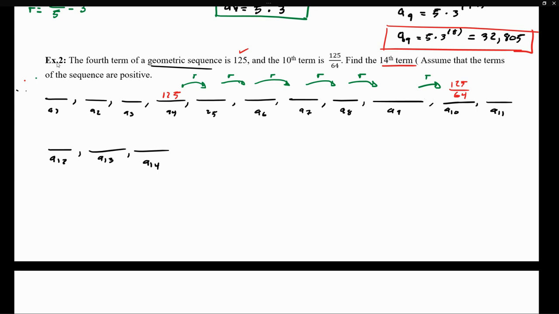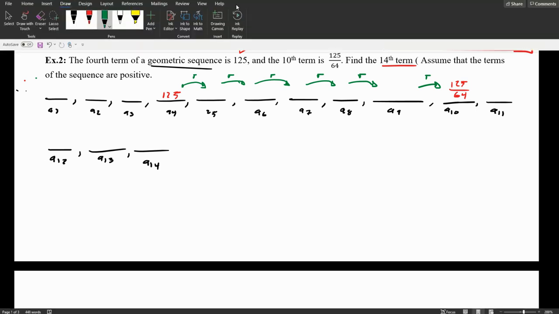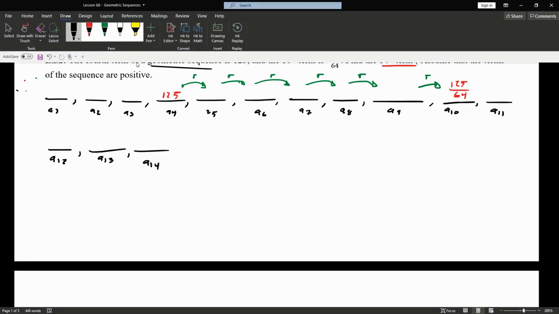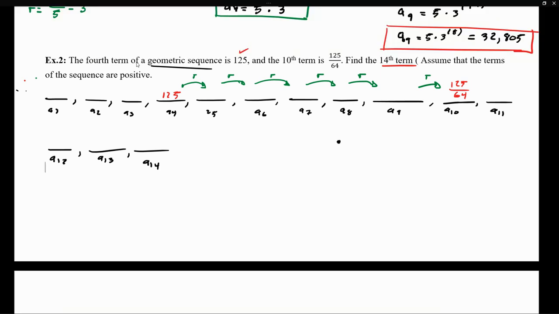Now we have a small equation which we can use to define the value of r: 125 over 64 equals 125 times r^6.